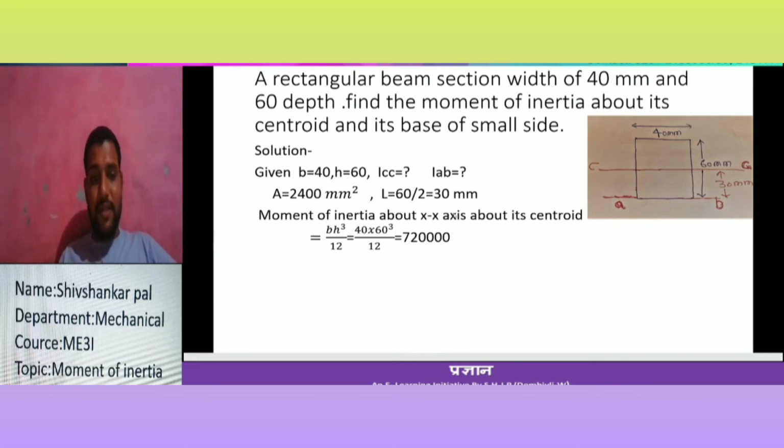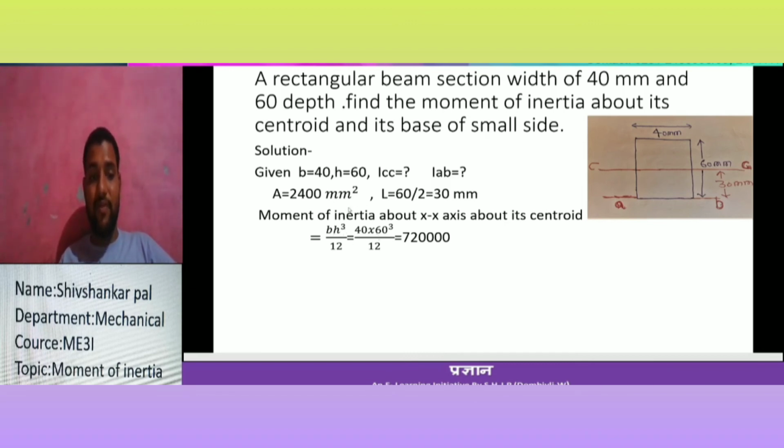First, the moment of inertia about the x axis through its centroid. For this rectangular section about the centroidal axis, the width is on the side of the x axis, and the other side is cubed. So the moment of inertia about the x axis is equal to width into height cubed divided by 12, where the width is 40.